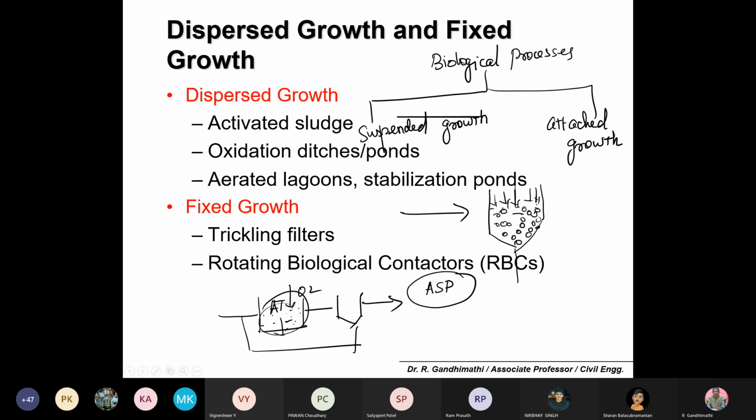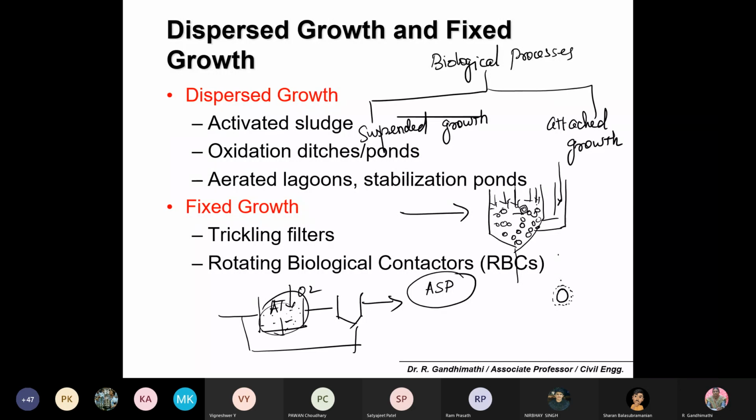During that, you also have to provide some arrangements to force the oxygen through the entire depth of the trickling filter. During this retention time, the microorganisms may attach on the surface of the sandy medium or the filter medium. For example, this is the sandy medium. Then you can expect the formation of biofilm over this medium.